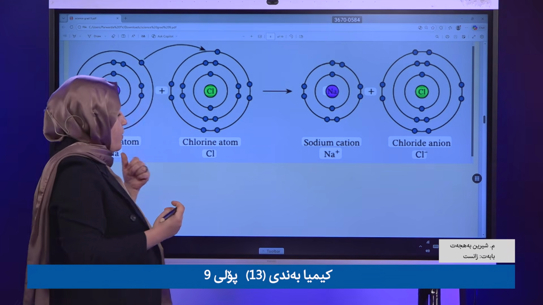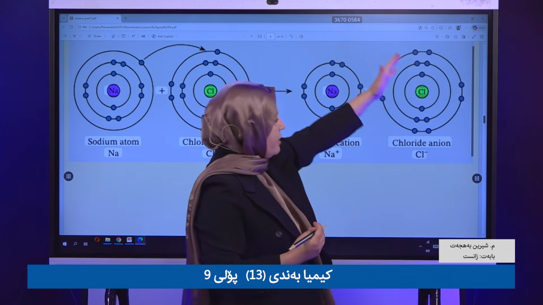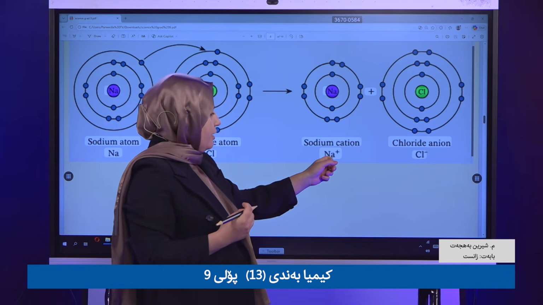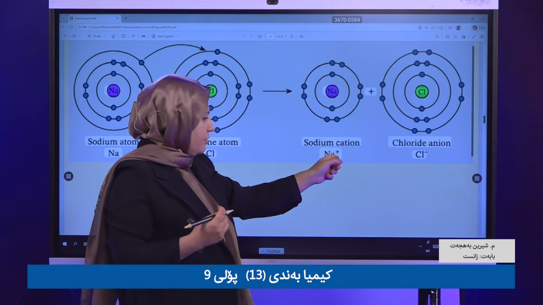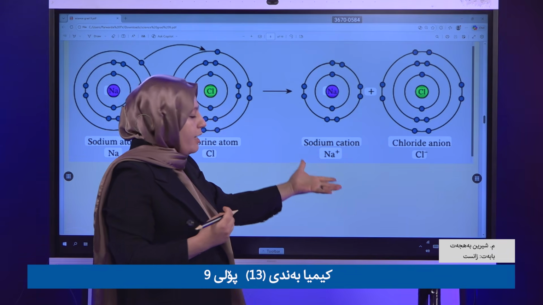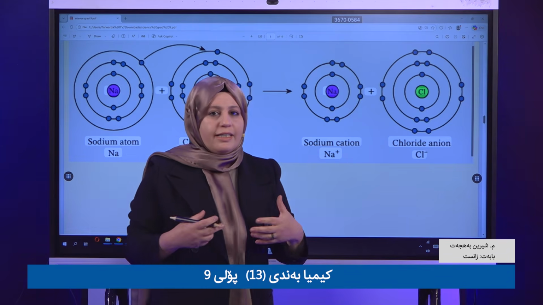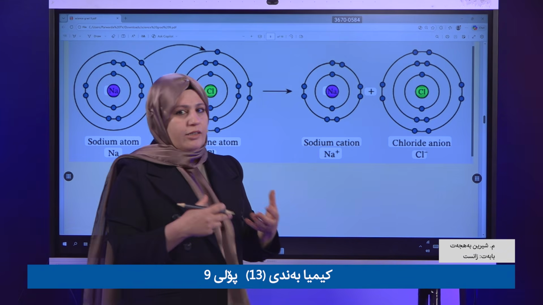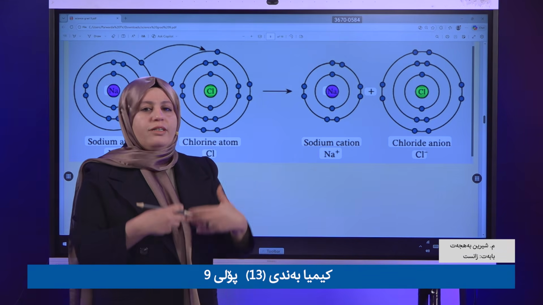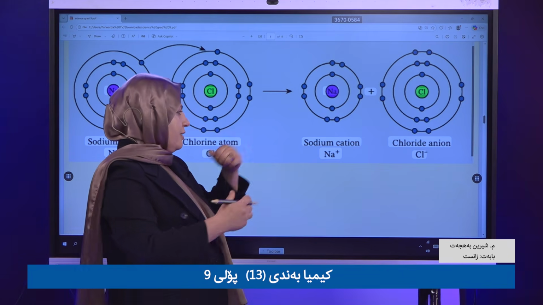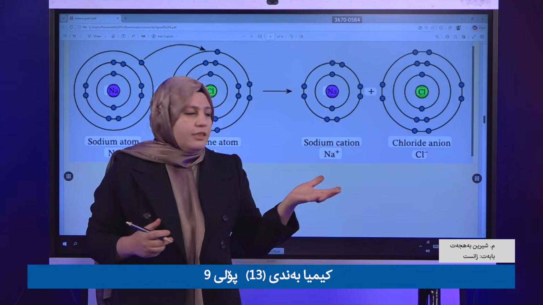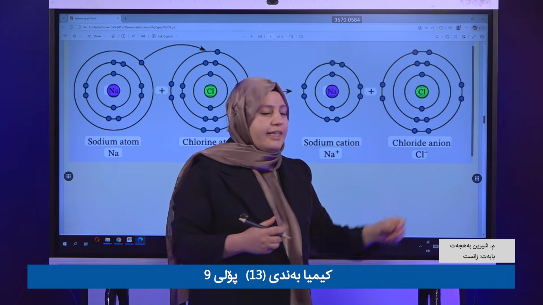When the transfer is happening, sodium became what? Positive charge. Why positive charge? Because it gave a valence electron, like someone who is very kind and always gives. Sodium is like this. What about the chlorine? It has negative charge.